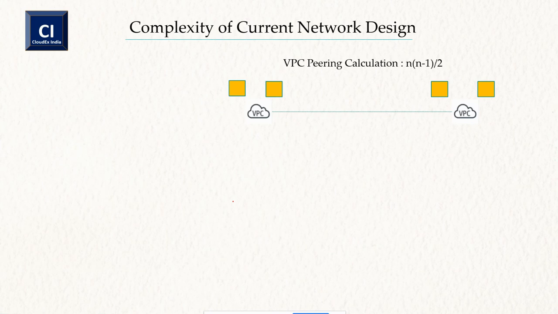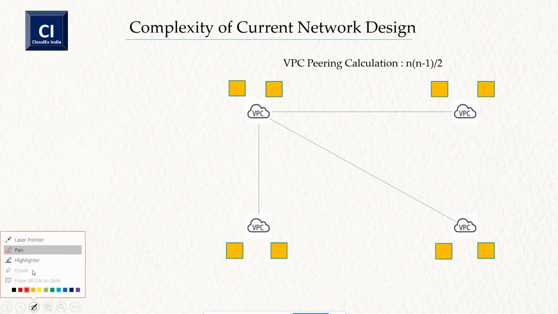So let's assume you have four VPCs in your environment and you want to establish connection from VPC A to all VPCs. For that, you have to establish VPC peering from A to B, C, and D. So here you can see you have four VPCs, and from VPC A you have established three connections to establish communication from A to B, C, and D. In this scenario, B cannot communicate to C, and B cannot communicate to D as well.